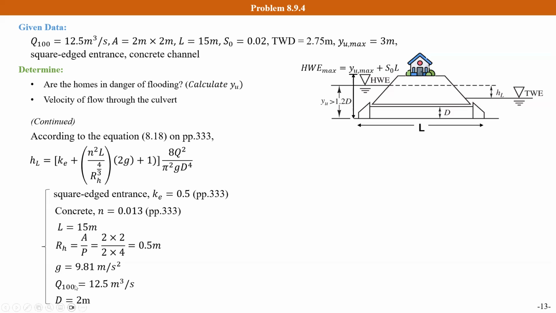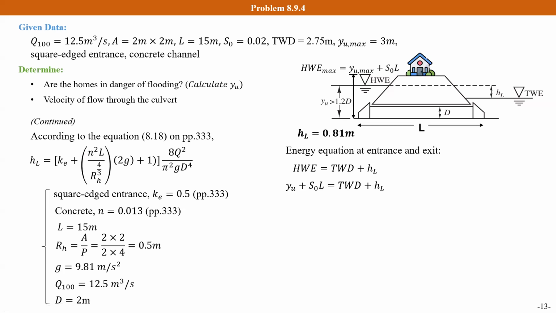We also know the flow rate for the 100-year flooding event is 12.5 cubic meters per second. Then we can get the value of the head loss. It equals 0.81 meters. If we write the energy equation at the entrance and exit, the headwater elevation equals the tailwater depth plus the head loss.